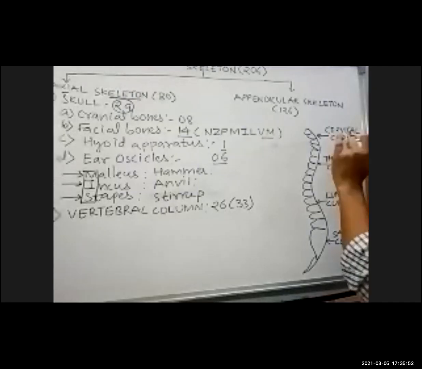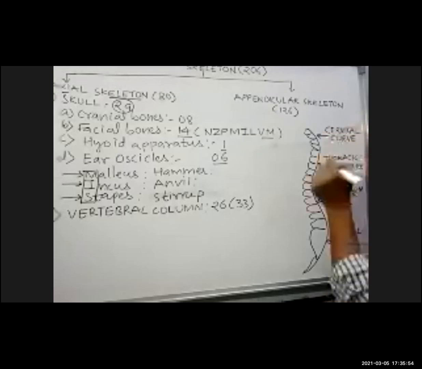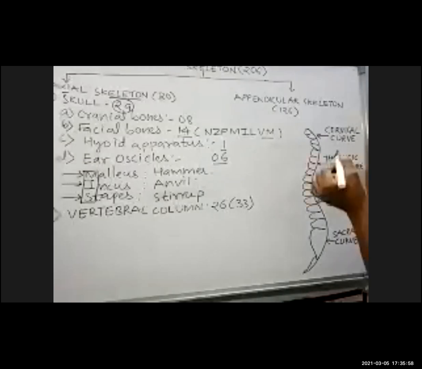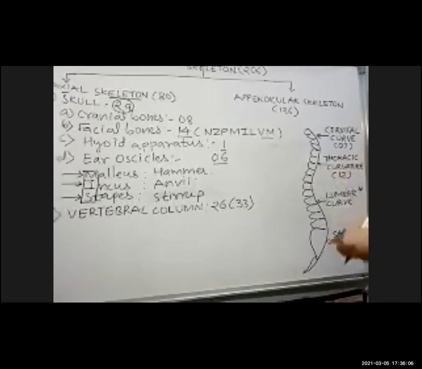So here in neck we have got a total of 7 bones. Okay. In chest we have got a total of 12 bones, and all these bones are like a ring. So 7, 12. Then here in the back we have 5 bones.